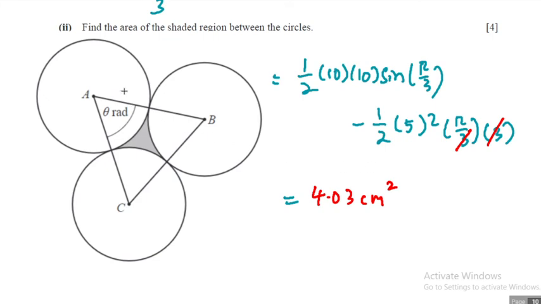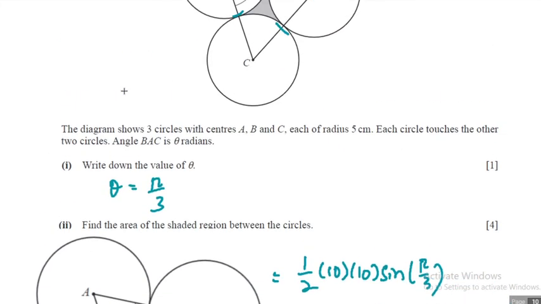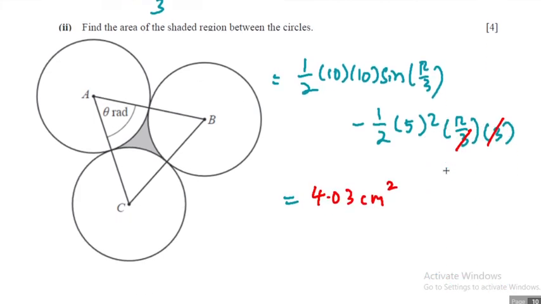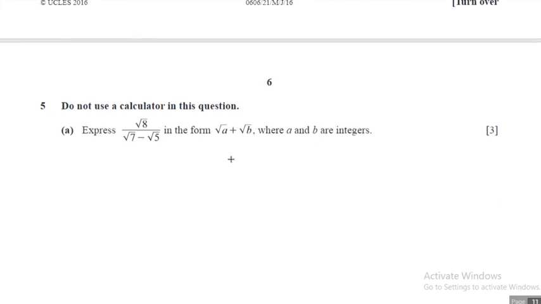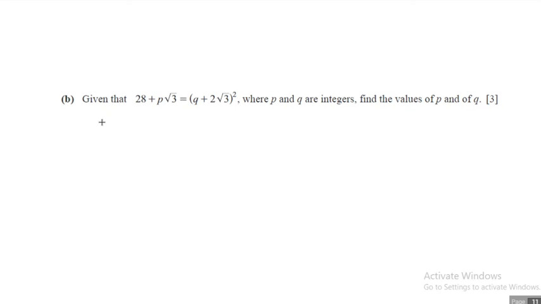Okay, students, this is easy for 4 marks here. All these questions are from 2016. I combined November, October, May, June, and what is that? Which month? Two only, right? Maybe in my next video we can discuss further.